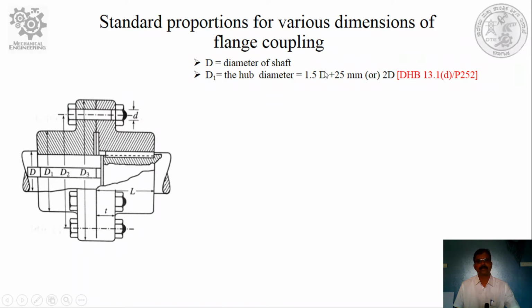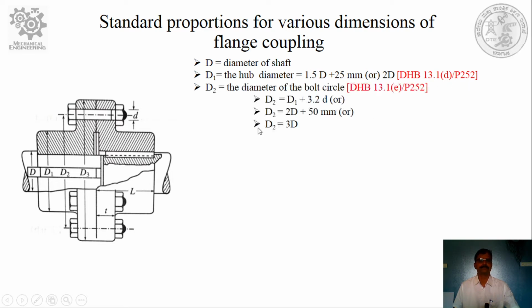The empirical relation for the hub diameter is D1 equal to 1.5D plus 25 millimeter, or 2D. In the red ink, it shows that this empirical relation is available in the data handbook, the DHB, equation number 13.1 D, page number 252.